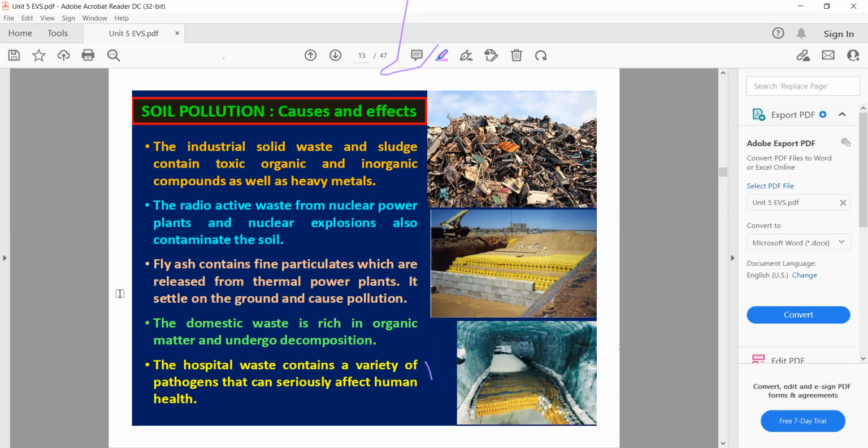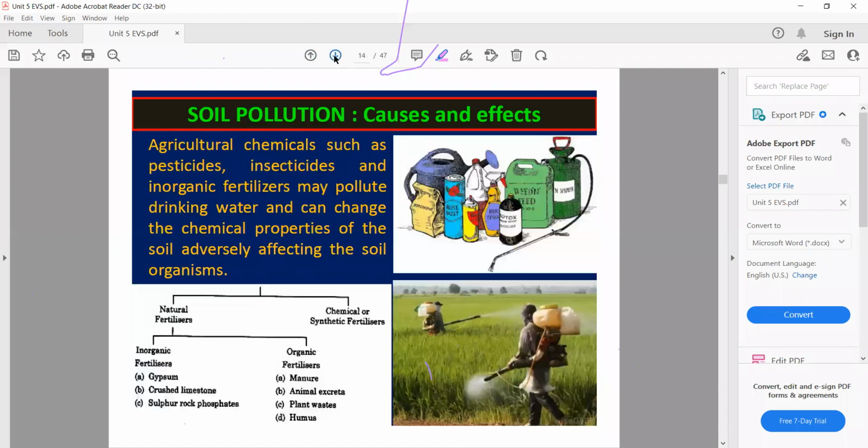Next, the domestic waste is rich in organic matter and undergoes decomposition. Fine. The hospital waste contains a variety of pathogens that can seriously affect human health. Yes, this should be taken up very seriously. Hospital wastes should not be dumped so casually. It should be treated and made microbe free. Okay. Next, cause and effect.